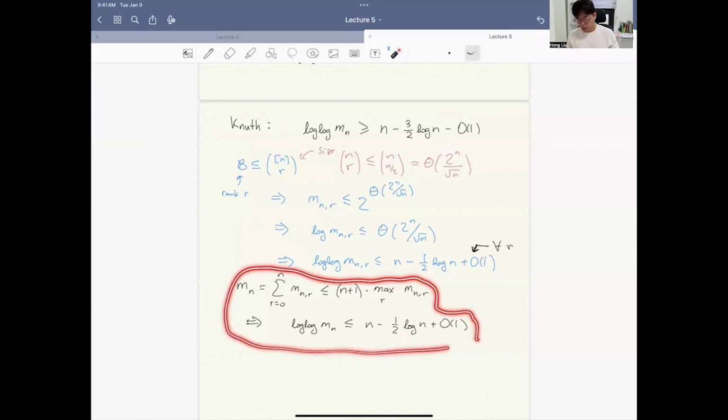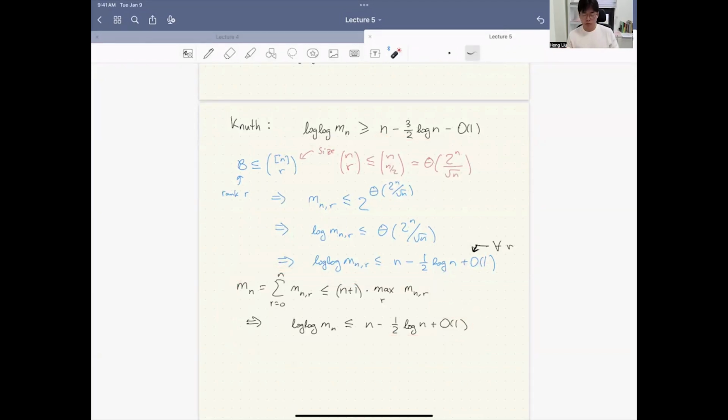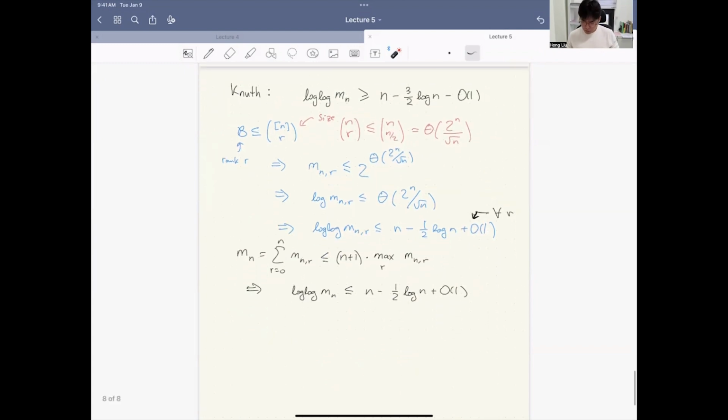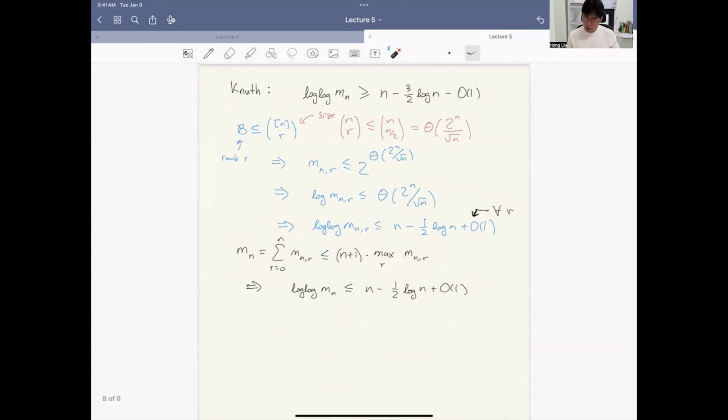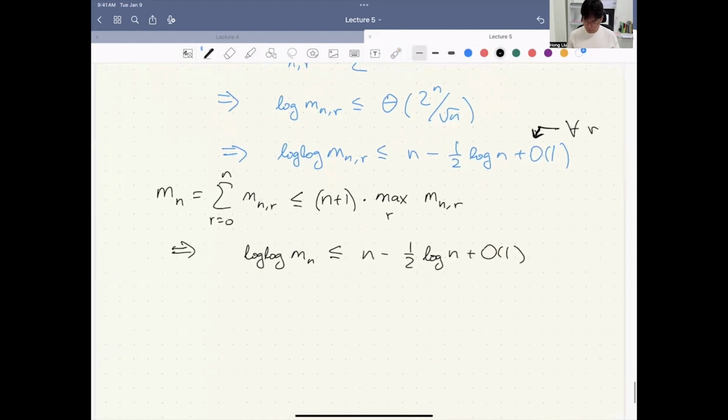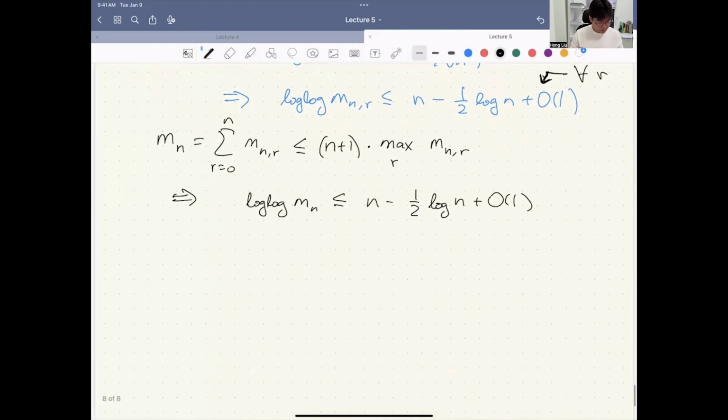We can improve this upper bound so that the first two terms match the first two terms of the lower bound on log Mn from Knuth's construction. So we're going to prove log Mn is at most n minus 3/2 log n plus some constant. This is the theorem.